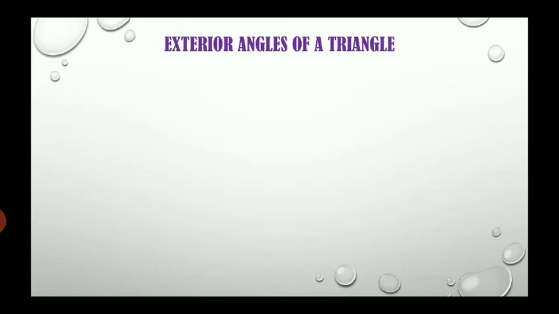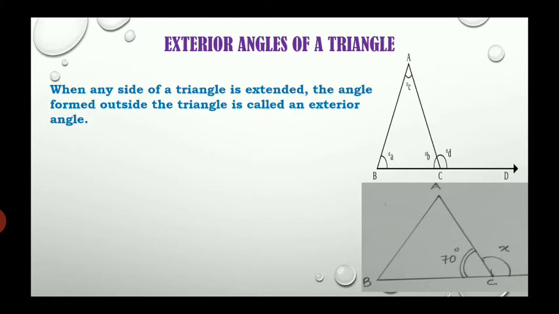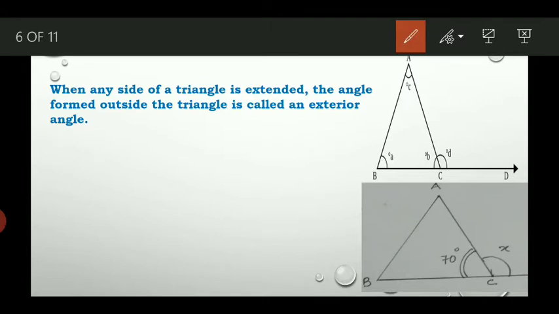Now we have understood interior angles. Now we will come to exterior angles of a triangle. When any side of a triangle is extended, any side, the angle formed outside the triangle is called an exterior angle. Now try to understand.